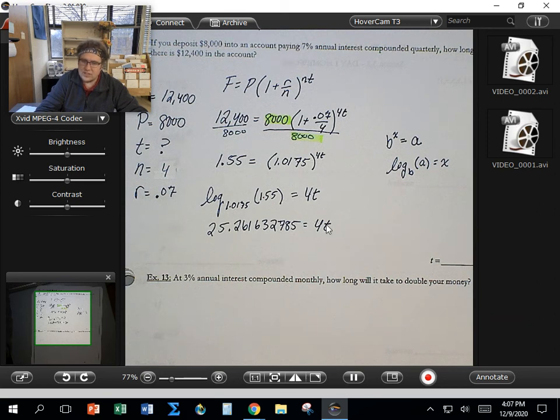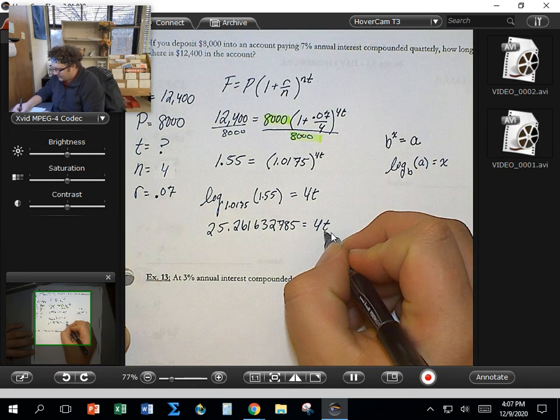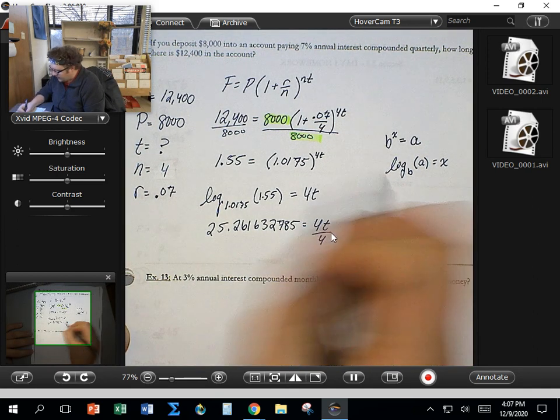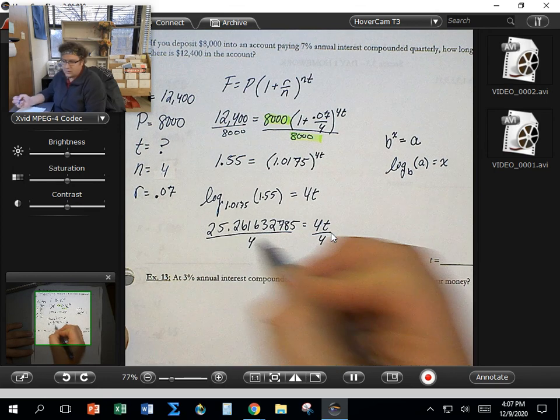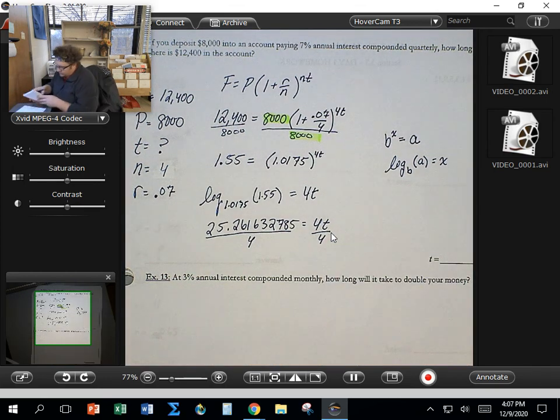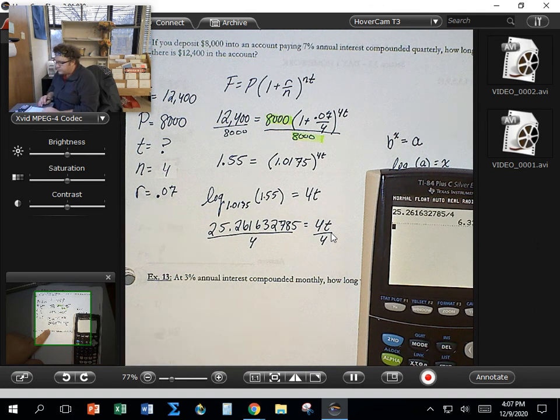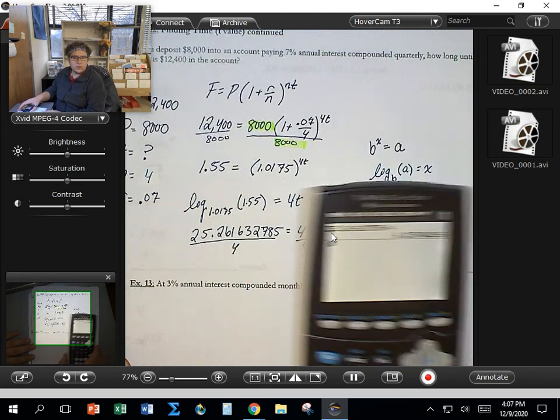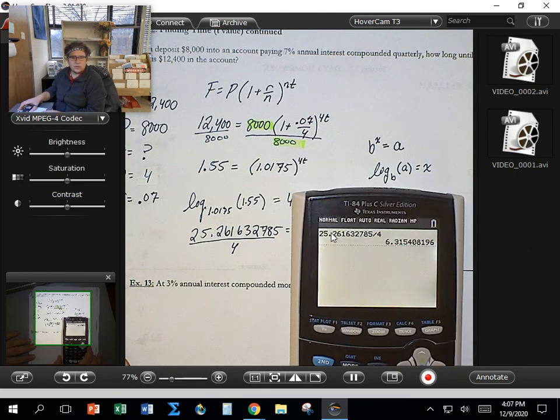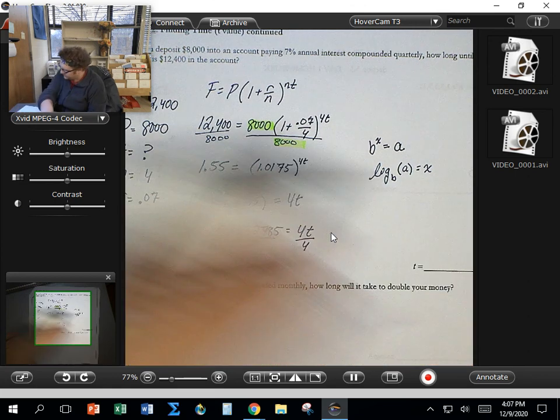But that 25 is 4 times the year value that we're looking for, because that's 4 times the t value. We're going to undo that multiplication with division, and I'll divide it by 4. You can use your regular old calculator for that part. 25.261632785 divided by 4. And we're getting a number, sorry, that wasn't in the screen, 6.315.